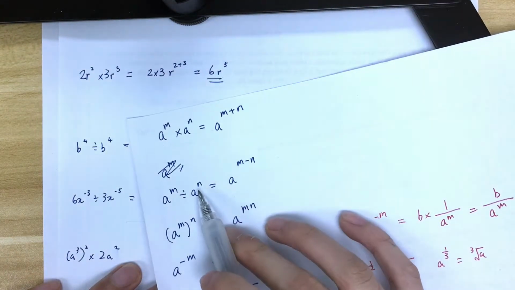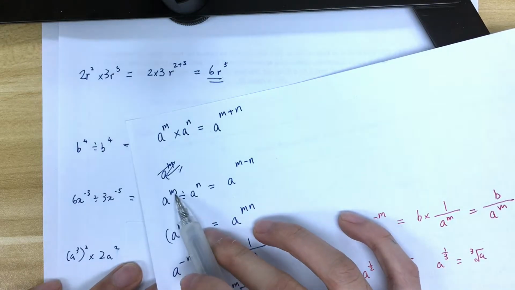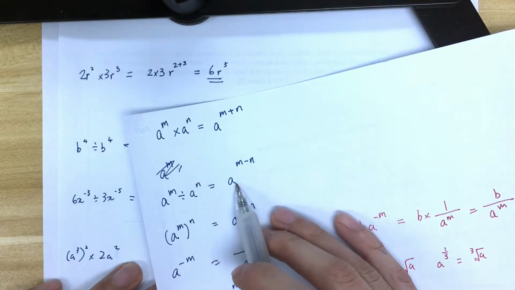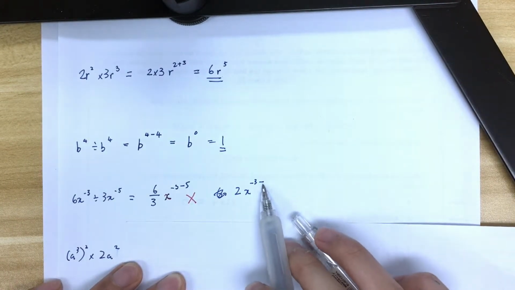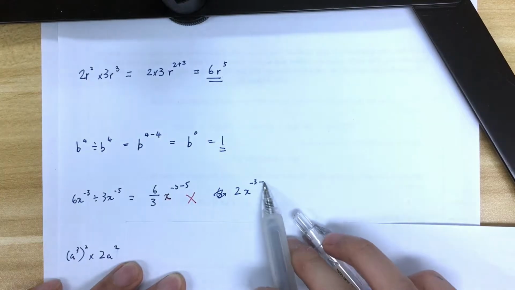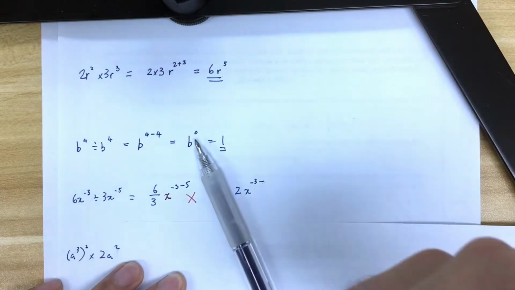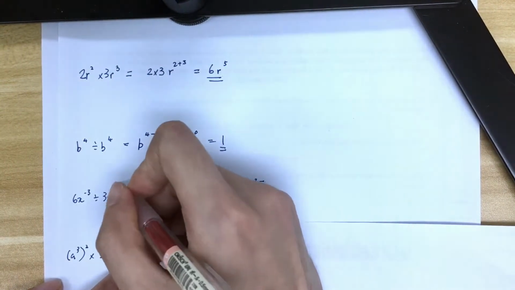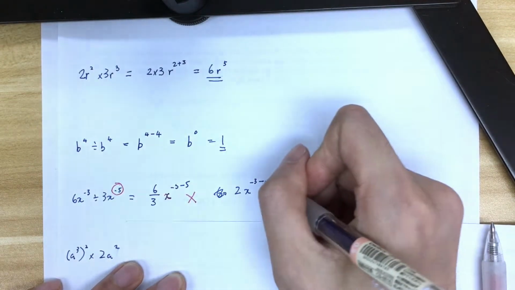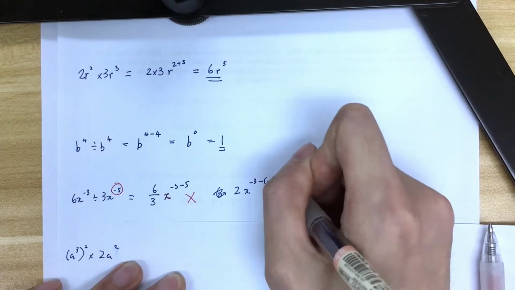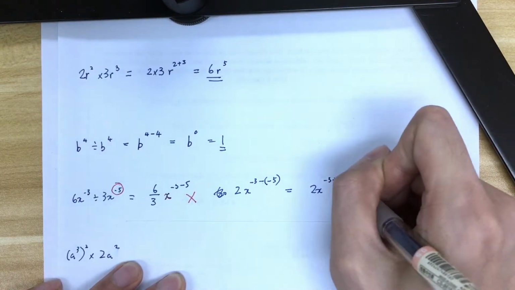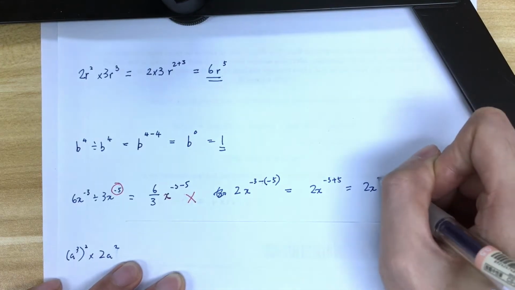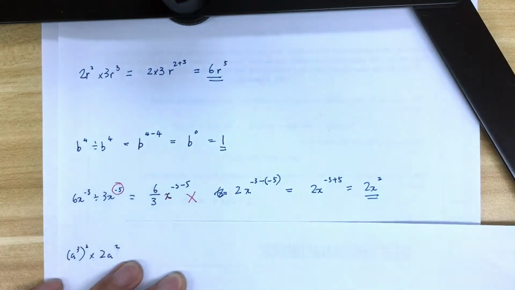That's what the index law states: a to the power m divided by a to the power n equals a to the power m minus n. Here n is not 5 in this case, it is minus 5, which means you're doing minus minus 5, which equals 2x to the power minus 3 plus 5, which equals 2x squared. Well, minus 3 plus 5 is 2, right? So the answer is 2x squared.